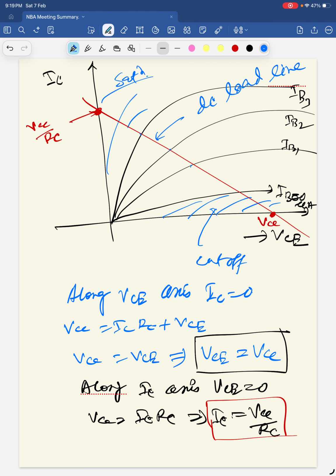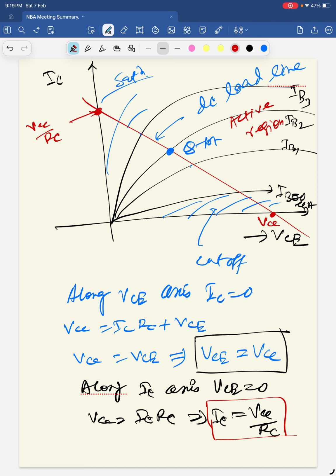The intersection of this DC load line and the IB curve creates the operating points or quiescent points. Say for example, we are considering this operating point, Q point, at the mid of the active region. We know that this is cutoff region, this saturation, and this portion is active region.